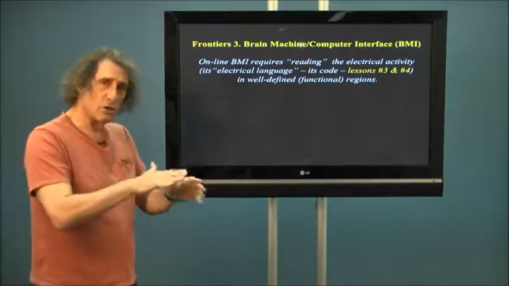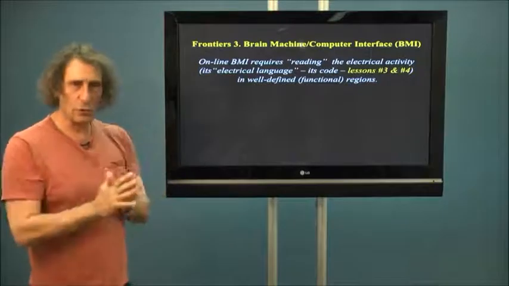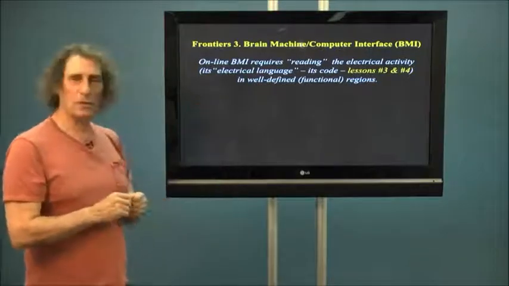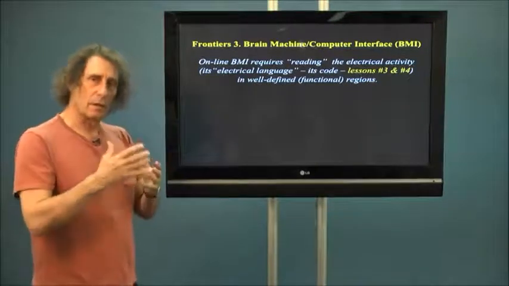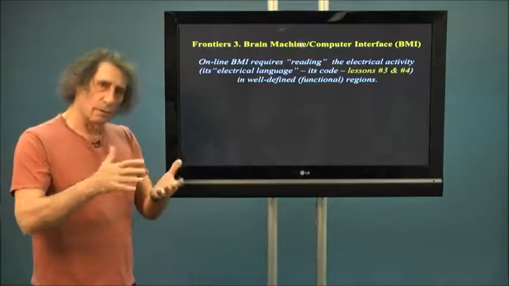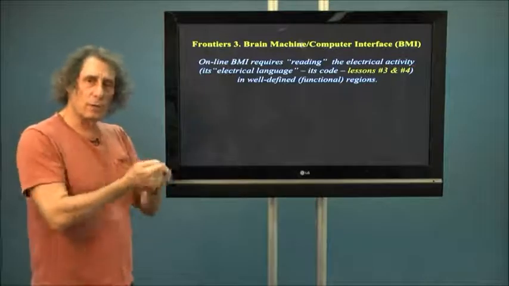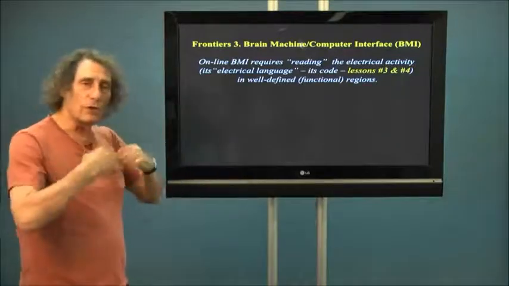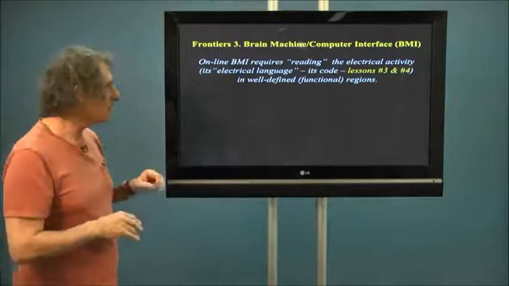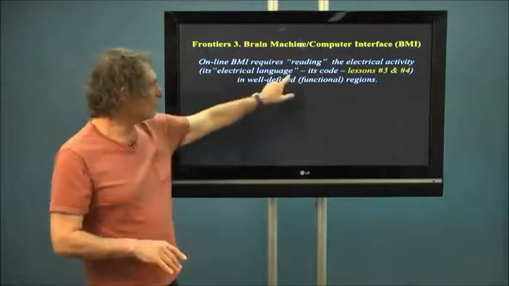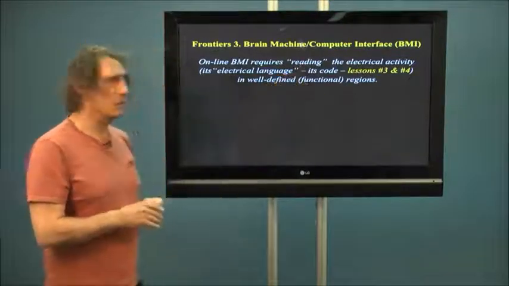The anatomy may change in terms of structure, and when I talk about plasticity in the brain, I'll show you that when you learn, there are anatomical changes in your brain. But in order to interact with the brain online, I need to read the signals within the brain. Not only the anatomy, so I need to read the electrical signals in the brain.